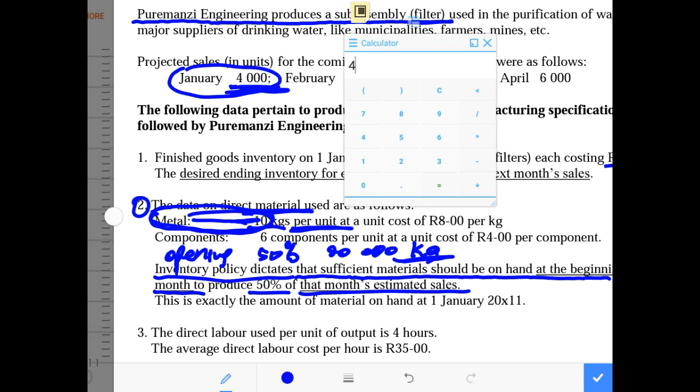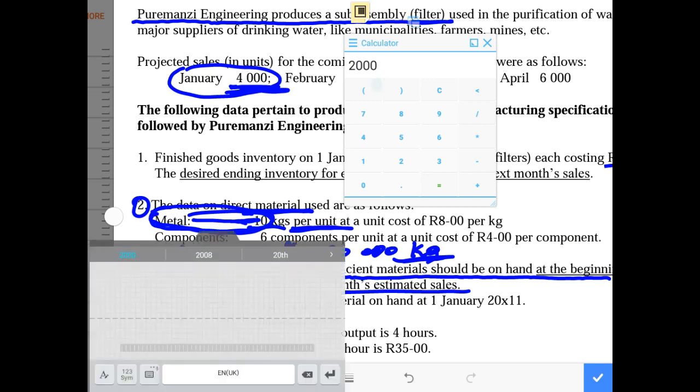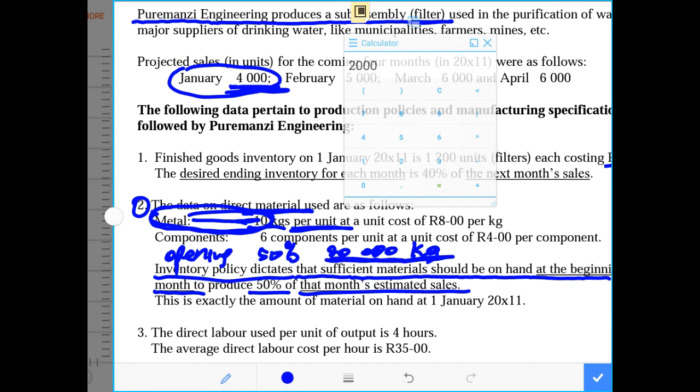Remember, 2,000 was 4,000 times 50 divided by 100. That means in order for the 2,000 units, which is 50% of the units to be sold, to be manufactured, then we need to have 20,000 kgs of metal.